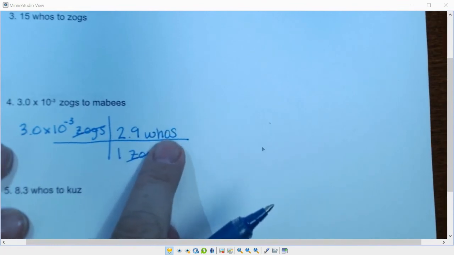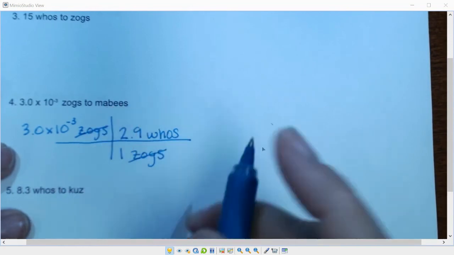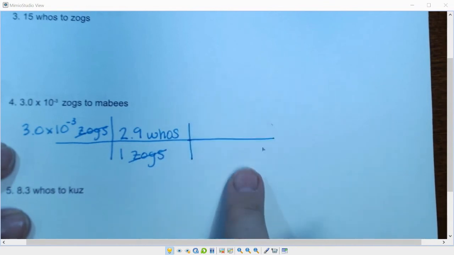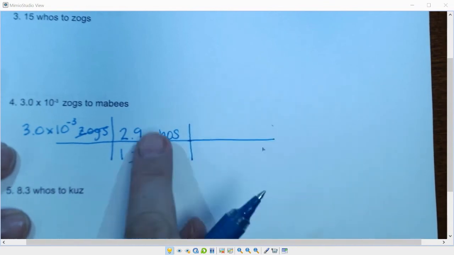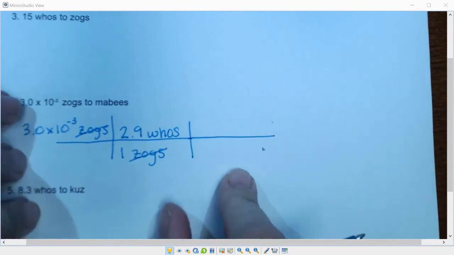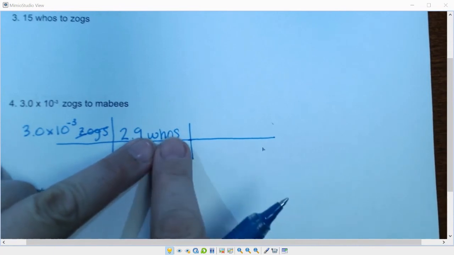But I don't want to stop in who's because I want to convert to maybes. So all you have to do is add another section to your train tracks. Add one more section to your train tracks. We're going to add another equality. So at this point, the unit that I have remaining is called who's.